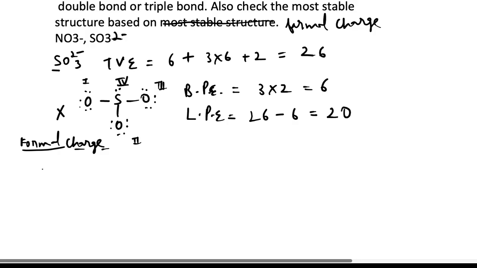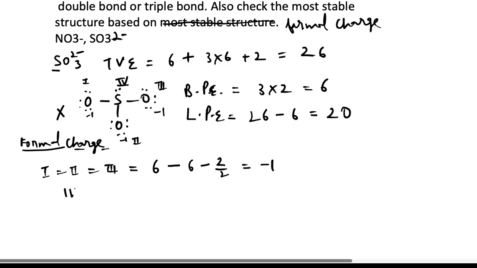Since atoms 1, 2 and 3 are the same, their formal charge would be 6 minus, how many lone pairs are there? 6, minus bond pair is 1. So 2 divided by 2, minus 1. So each and every oxygen has minus 1 charge, right? Minus 1, minus 1, minus 1, minus 1, minus 1.